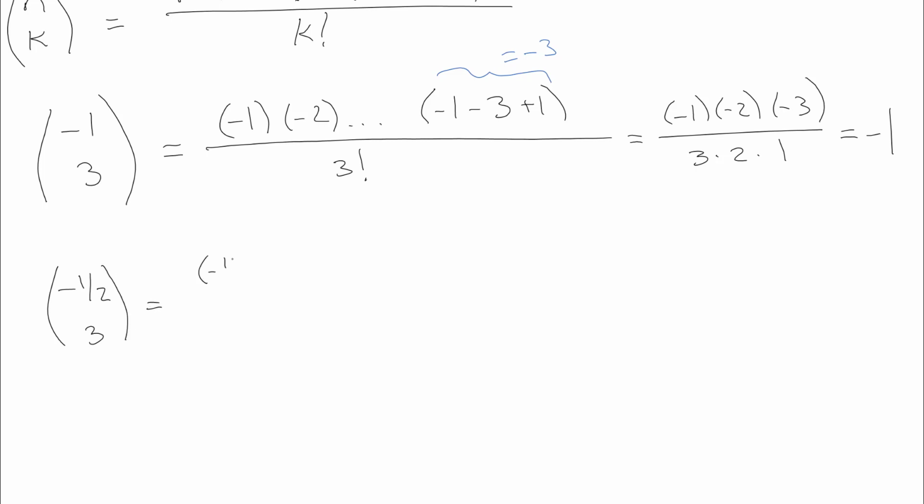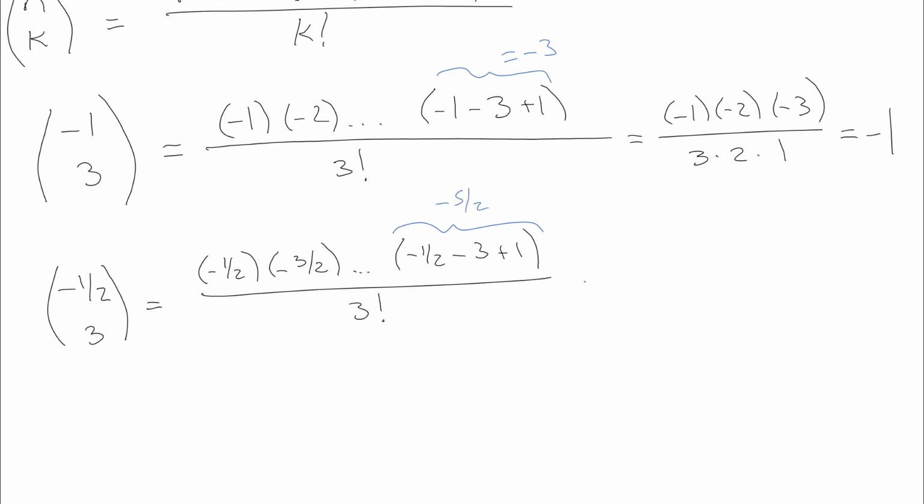But again, the idea is I've got -1/2, -3/2, and I'm going to go all the way down to -1/2 minus 3 plus 1. And again, this is going to turn out just to be -5/2. So that actually ends right there. And again, over 3 factorial.